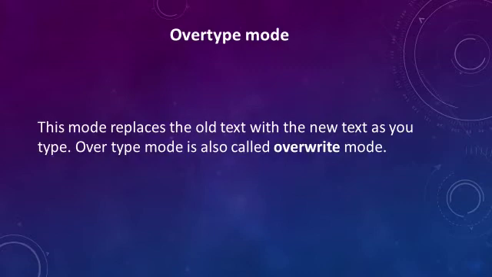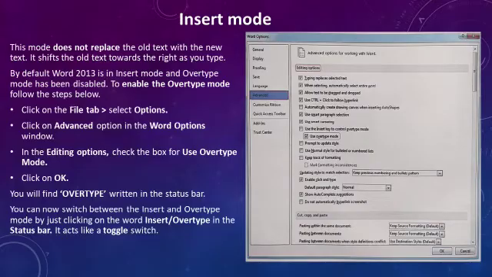Overtype mode is also called override mode. In case of insert mode, the mode does not replace the old text with the new text. It shifts the old text towards the right as you type. By default, Word 2013 is in insert mode and overtype mode has been disabled.